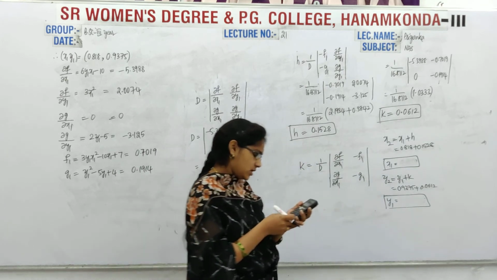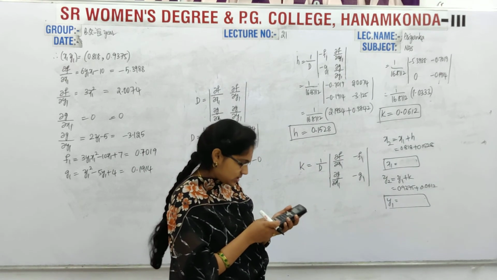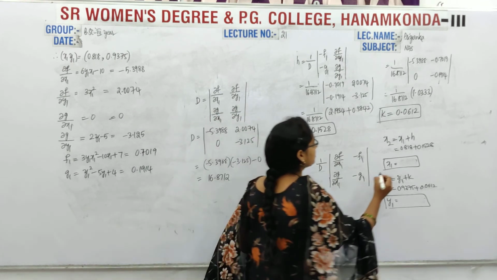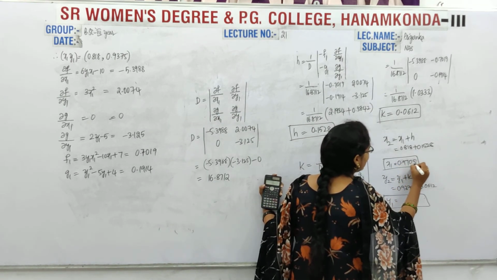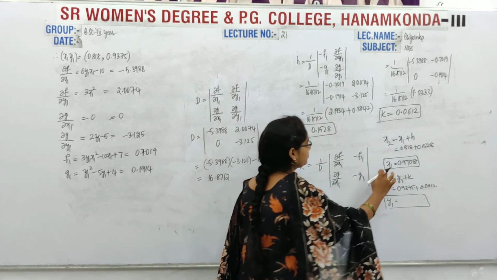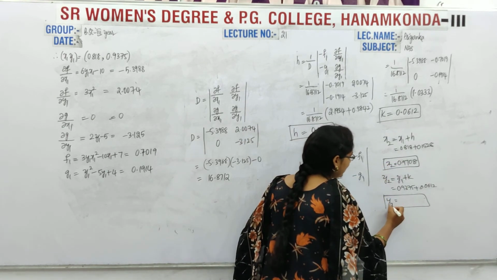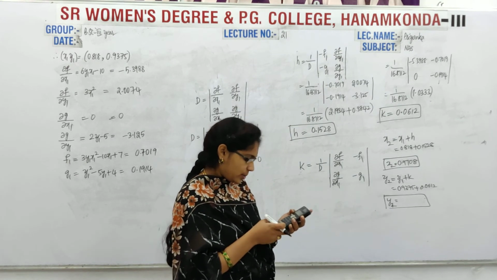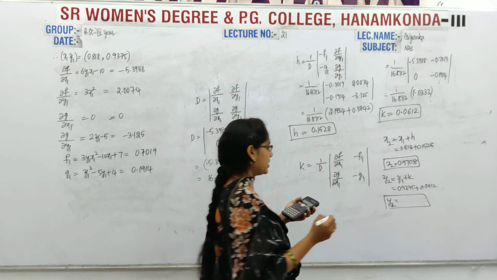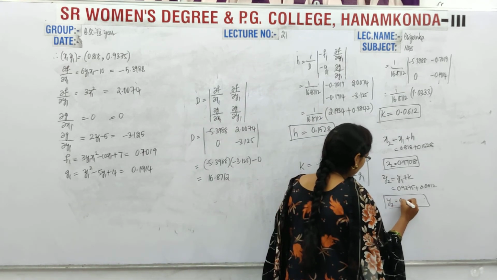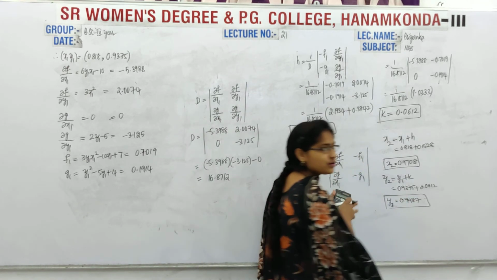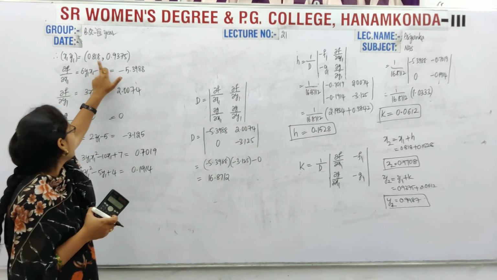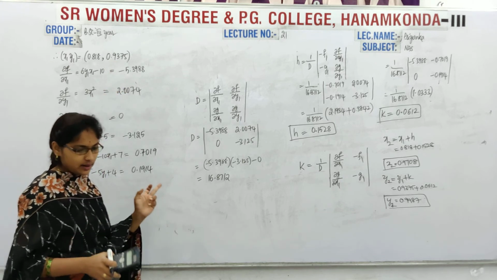Take the additions, 0.818 plus 0.1528, 0.9708 is the value of X2, and Y2 will be 0.9375 plus 0.0612. So here 0.9987. If you compare these values with X1 and Y1, X1 is 0.81, 0.93, somewhat near but not exactly.